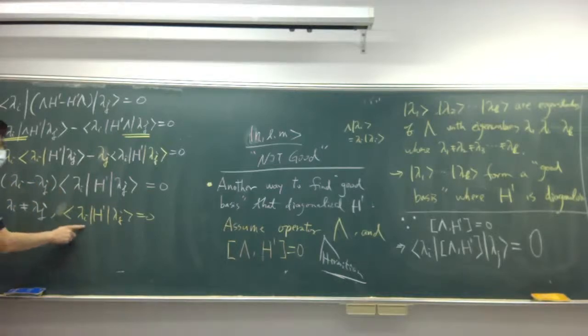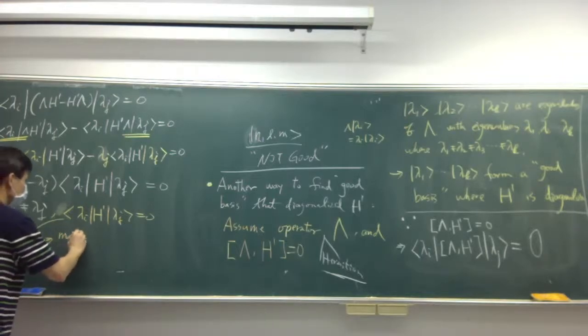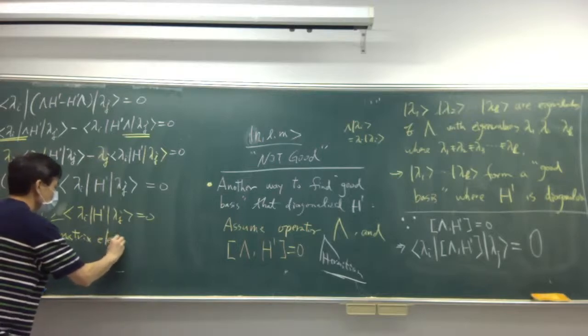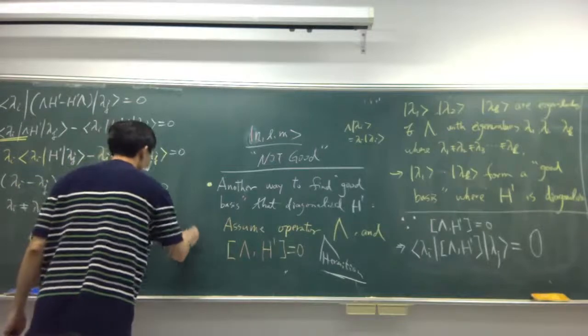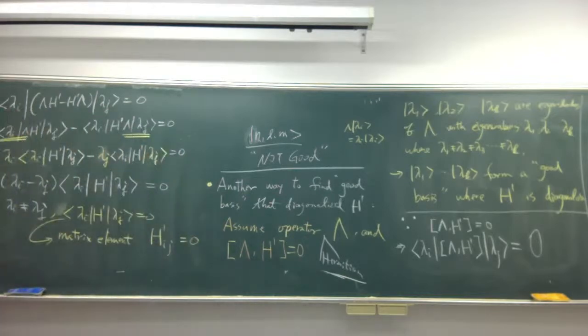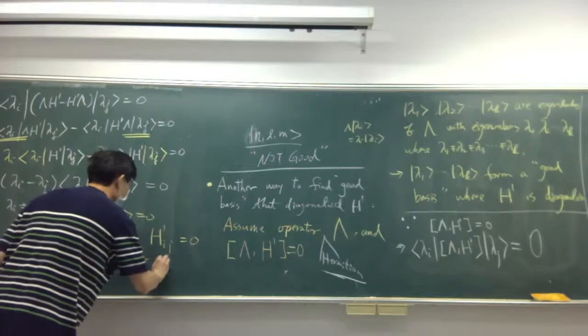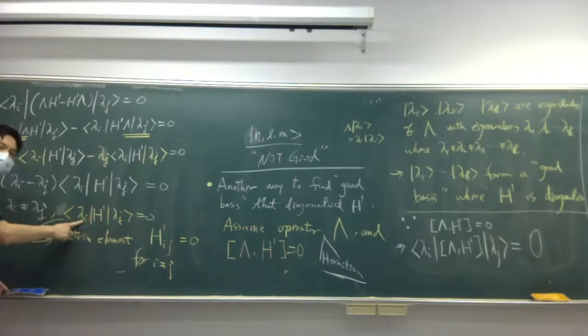So what does it mean? This is the matrix element H1 I Z, and I is not equal to Z. This is the matrix form of H1 in the lambda I, lambda Z basis.